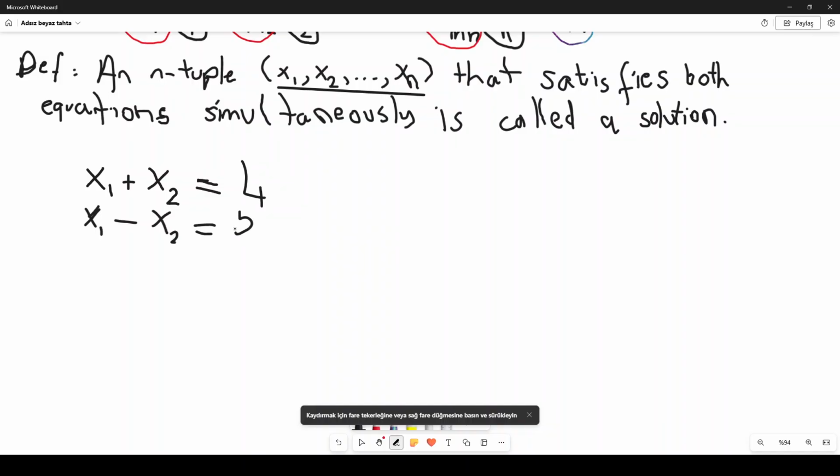Okay, suppose this is a 2 by 2 system, and when I apply elementary operations, such as adding the equations term by term, the x2's are cancelled, and what we get is 2x1 equals 9.